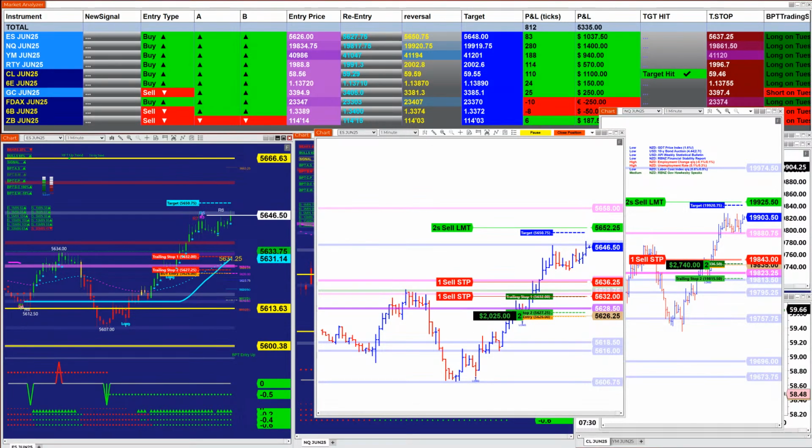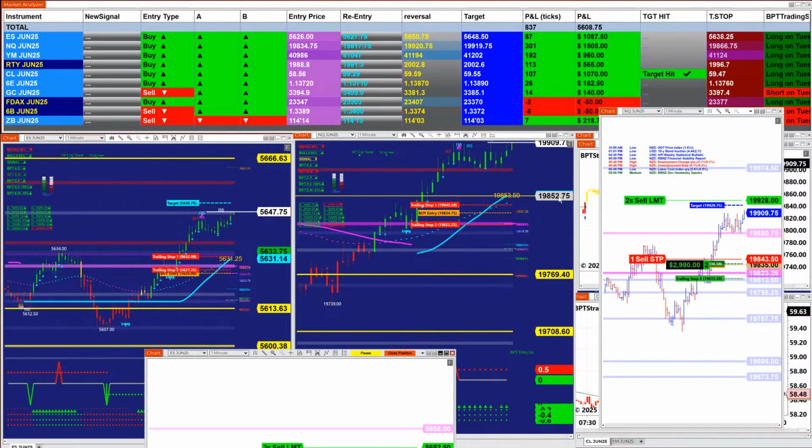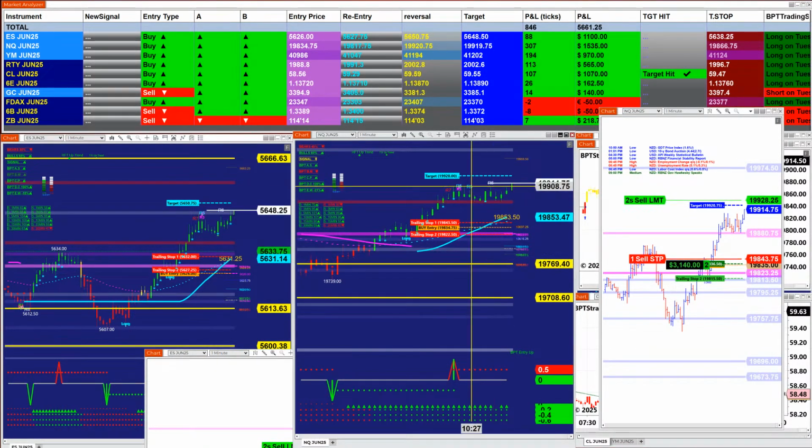So we're still suffering with that resistance line right there. The market starts getting stronger, indicating it's going to cross it. If we look at the Nasdaq, we can see the Nasdaq is coming to hit this target immediately.